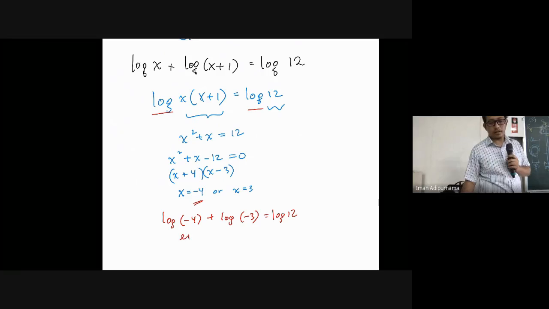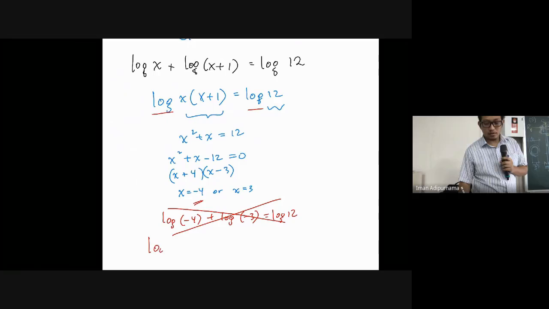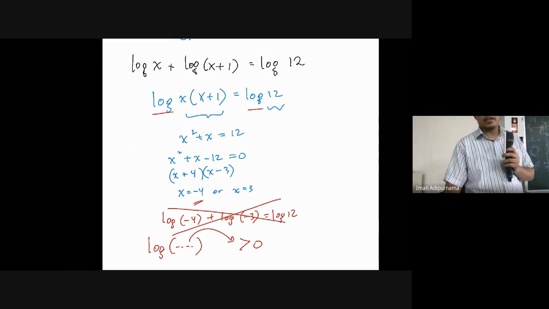It will become an error, because log cannot take a negative. So this will be incorrect. So remember, if you need to find the domain in log anything, the inside needs to be greater than 0. That's the first case. If you want, maybe let me show you the graph so you can have a better understanding.